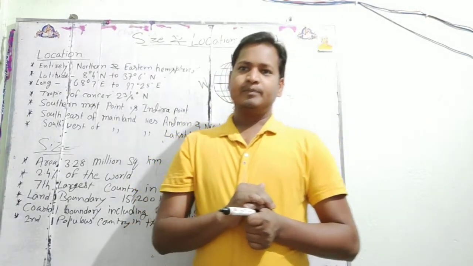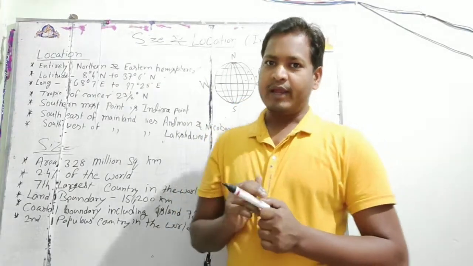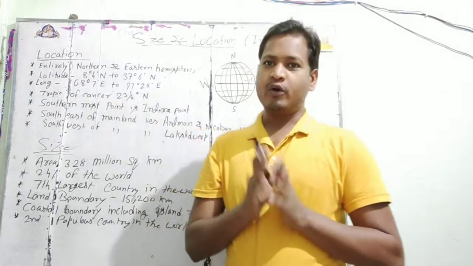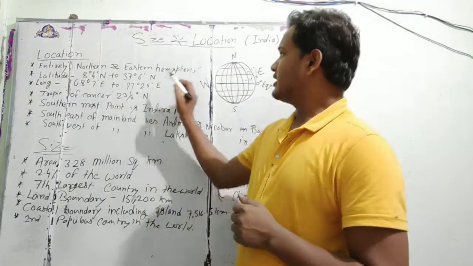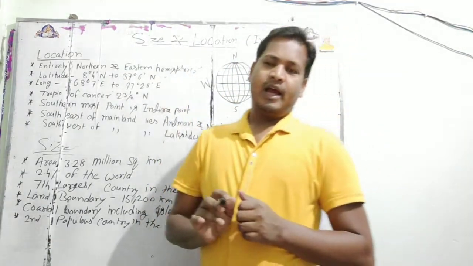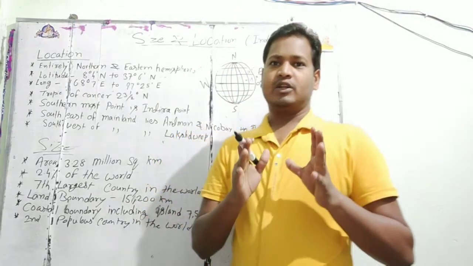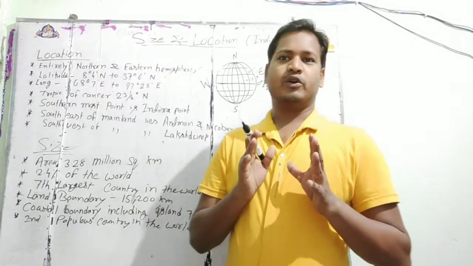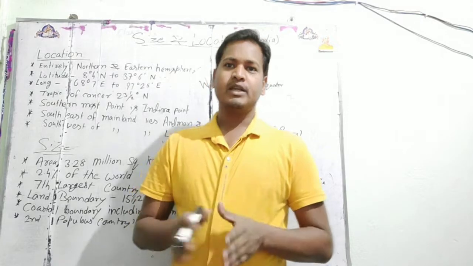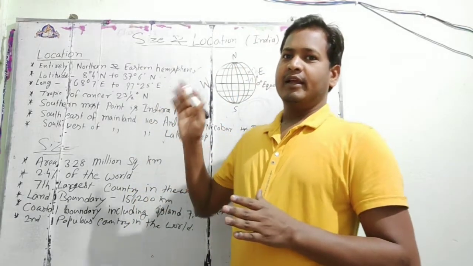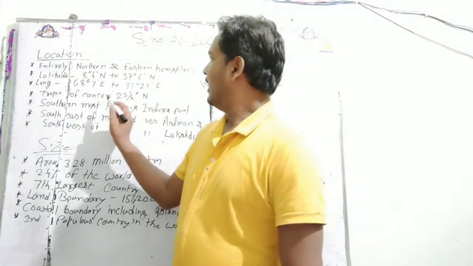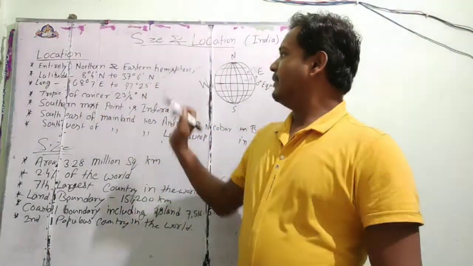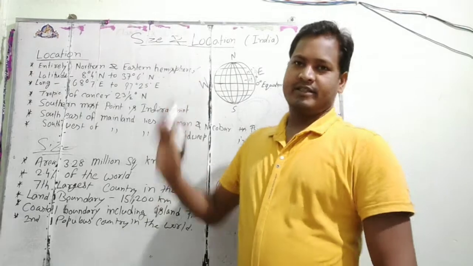Its latitudinal extension starts from 8 degree 4 minute north to 37 degree 6 minute north. As we talk about its longitudinal extension, it starts from 68 degree 7 minute east to 97 degree 25 minute east.